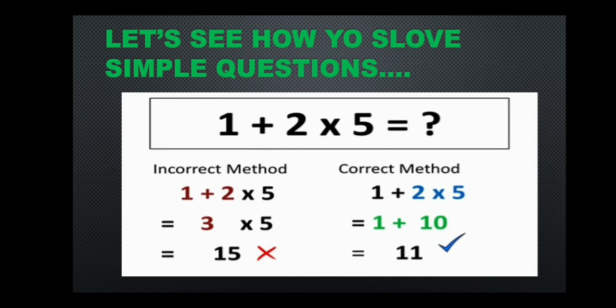It means 2 multiplied by 5 is 10. The correct method is written here. First the child will multiply and then the answers will be added. 10 plus 1, 11 is the correct answer. Here you can see the difference between the incorrect and correct method.